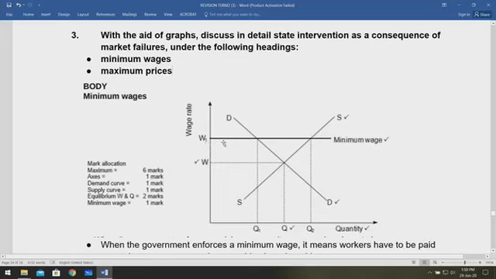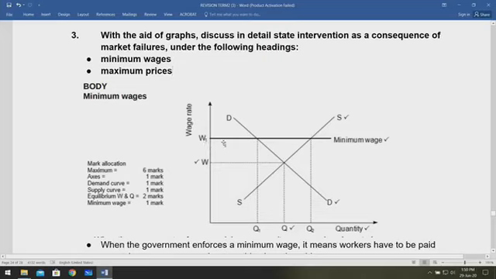Right. When it comes to maximum prices now, the maximum price, on the other hand, is below where the market equilibrium is. And what we need to bear in mind here is that the maximum price is set in order to benefit, once again, the consumer.